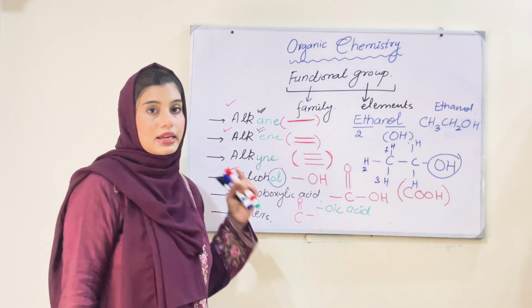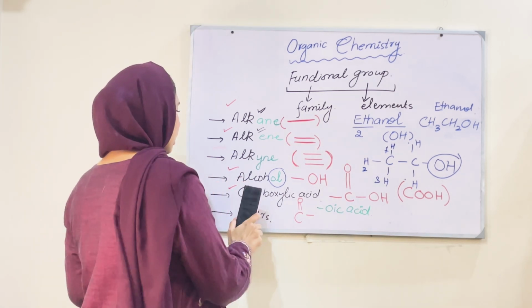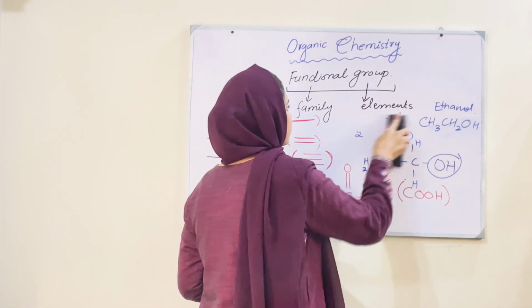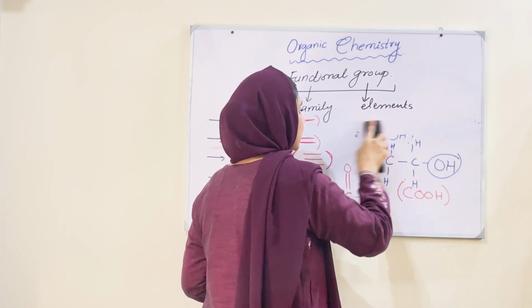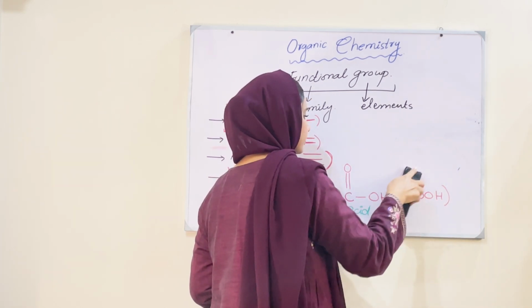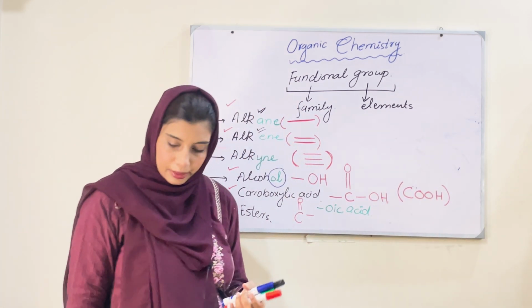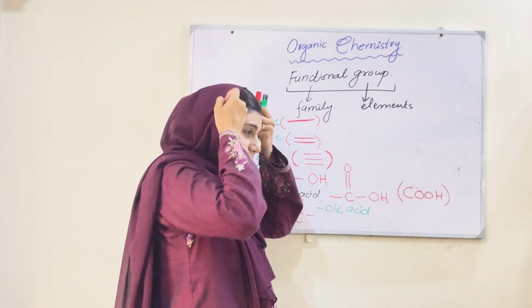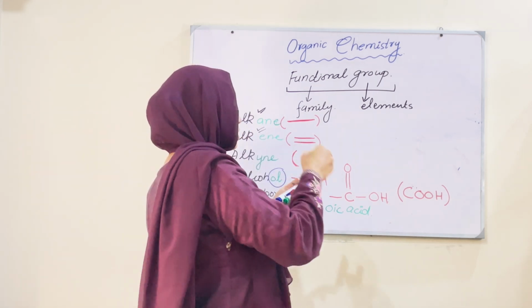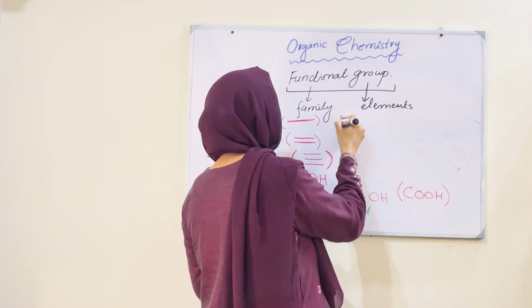At this level, last but not the least, is carboxylic acid. Again, we will use prefixes and suffix. The compound that we will discuss will be ethanoic acid.